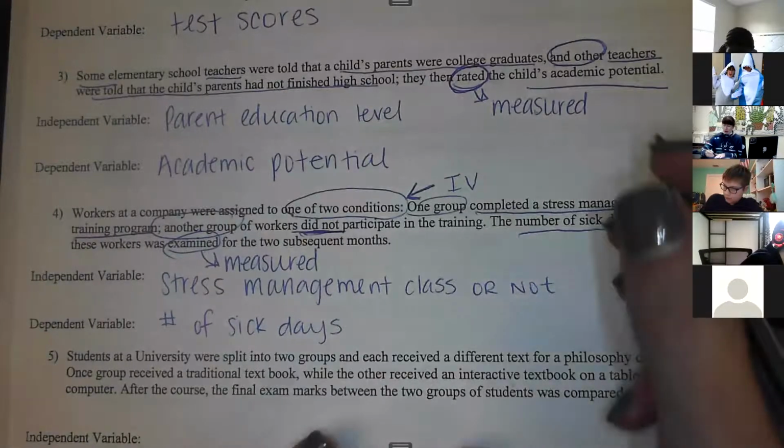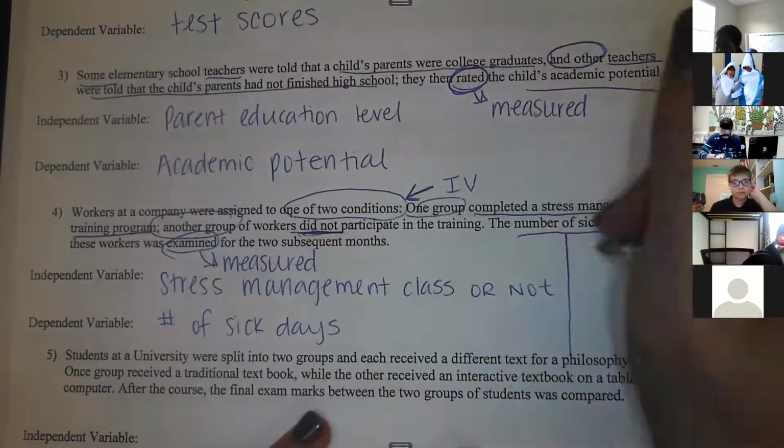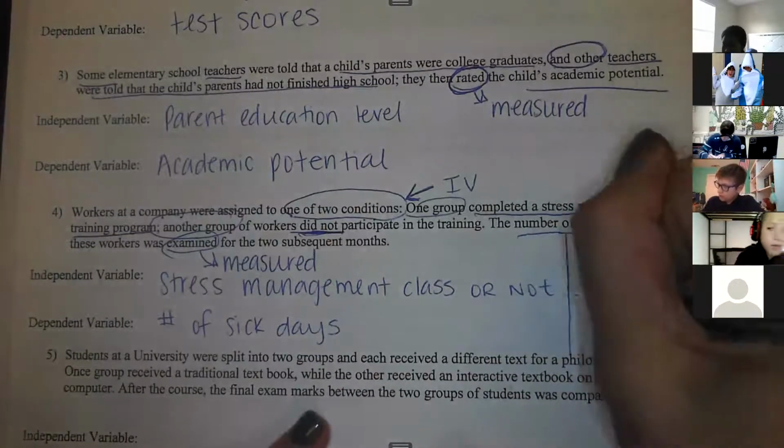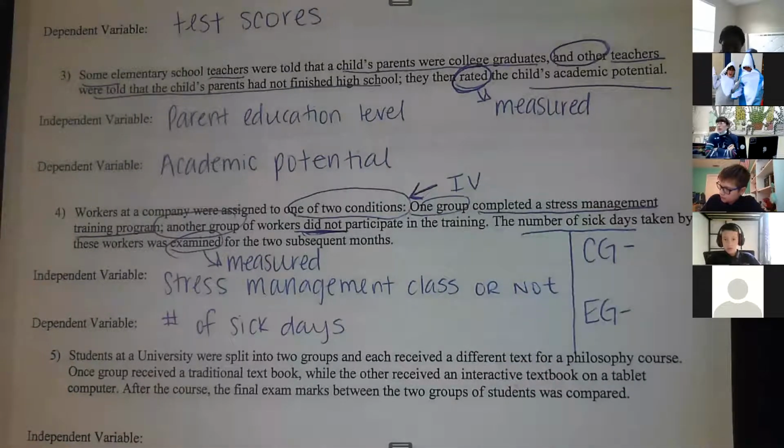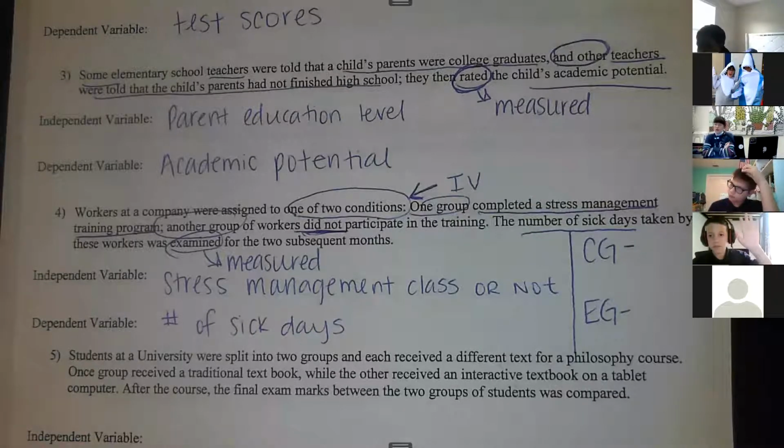Now this one has a control group and experimental group. Which group is my control group, Landry? Which one is my OG? Is it the group that did do stress management or did not? Which one would be the baseline, without adding something? They did not.